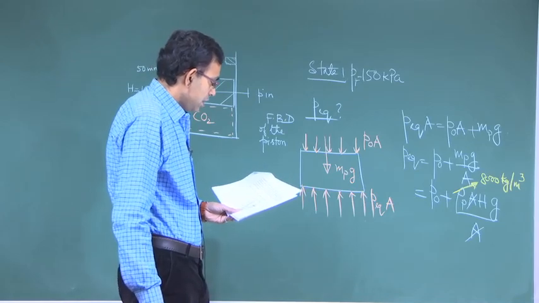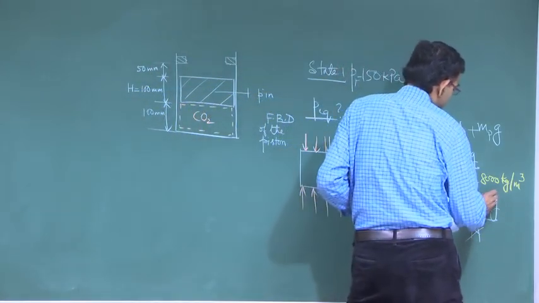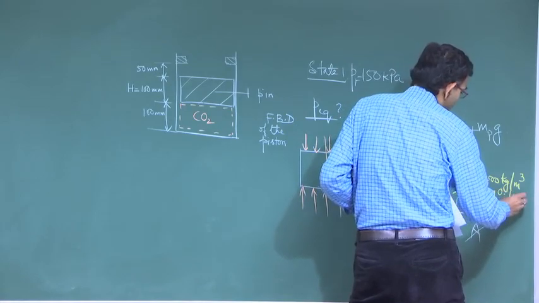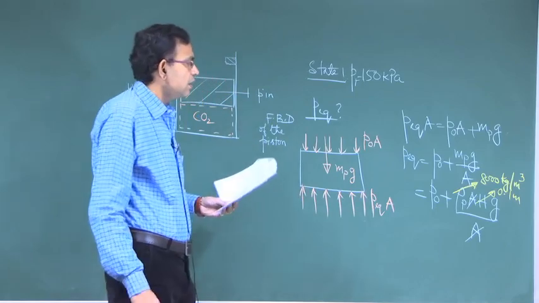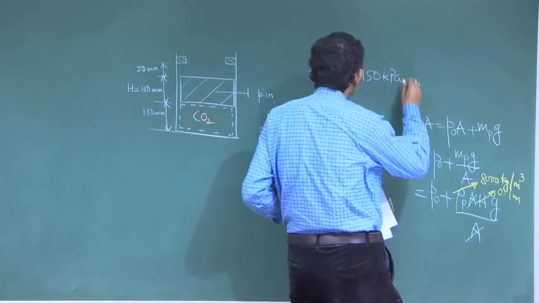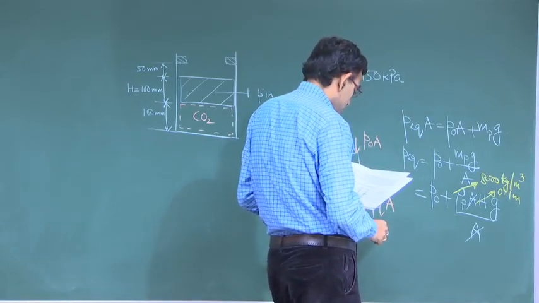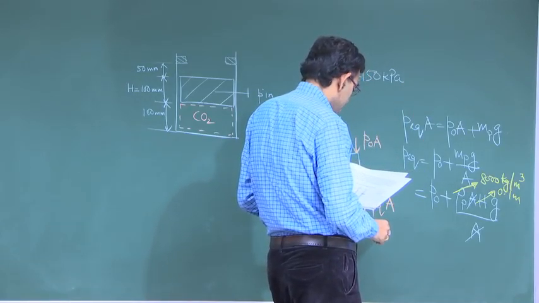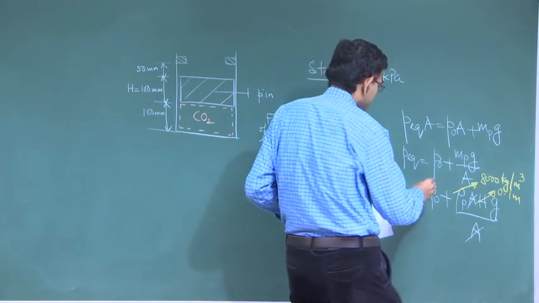H is 100 millimeter, that means 0.1 meter, g is 9.81 and what is P0? P0 is given as 101 kilopascal.